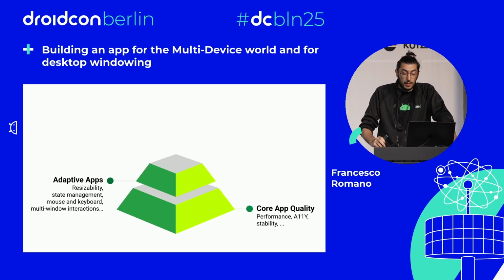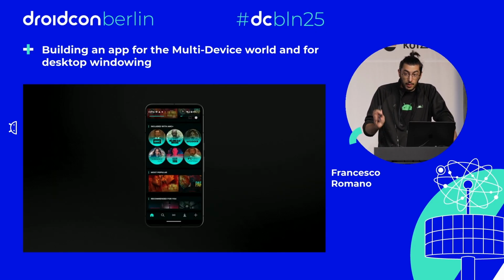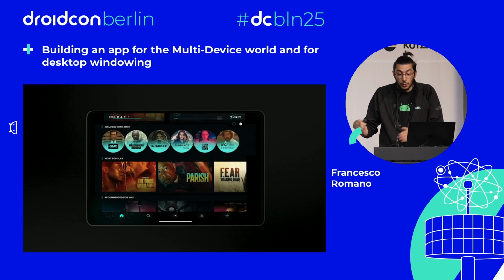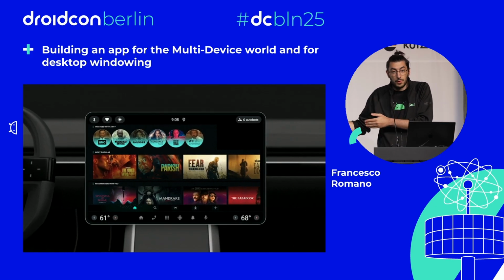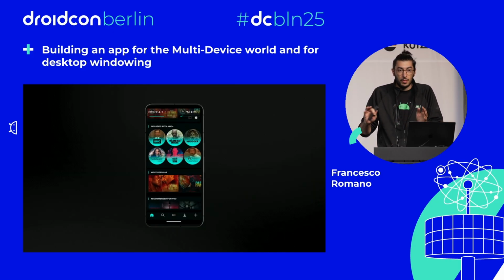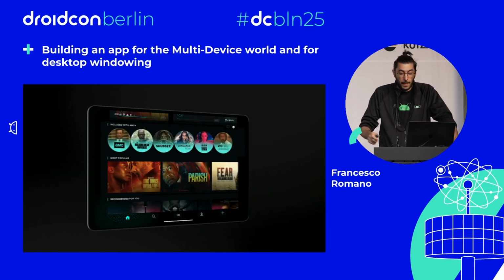Now, this step is extremely important, and we have found that developers who have already optimized their apps for larger screens were able to port them to other form factors like cars or XR headsets with almost no additional development.